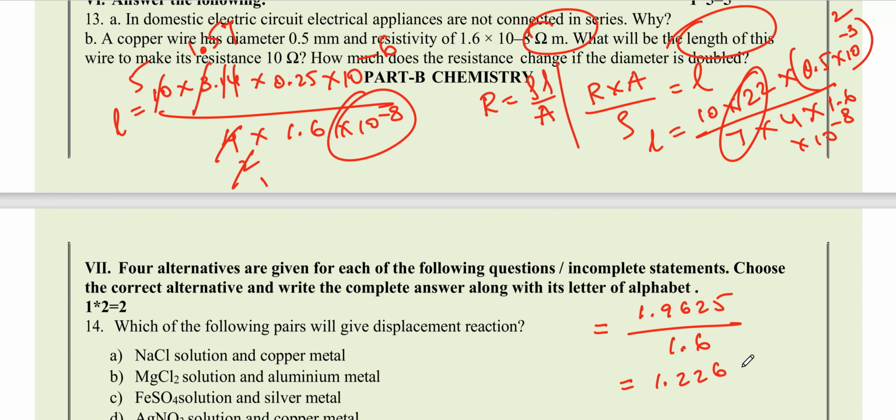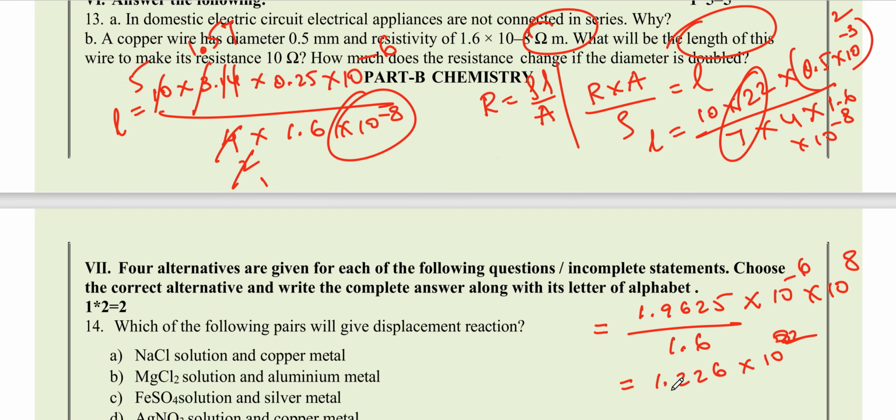Understood? Here one more thing is there, into 10 power minus 6 into 10 power plus 8. Minus 8 goes up, it becomes plus 8. So 8 minus 6 is 2, 10 power 2. Now can we shift the decimals here?